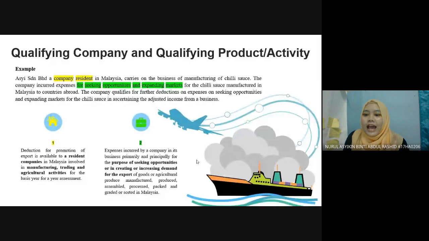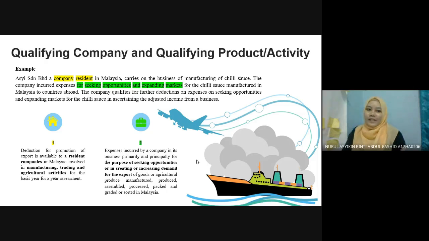Second, expenses incurred by a company in its business primarily and principally for the purpose of seeking opportunities or creating or increasing demand for the export of goods or agriculture produce manufactured, produced, assembled, processed, packed and graded or sorted in Malaysia.